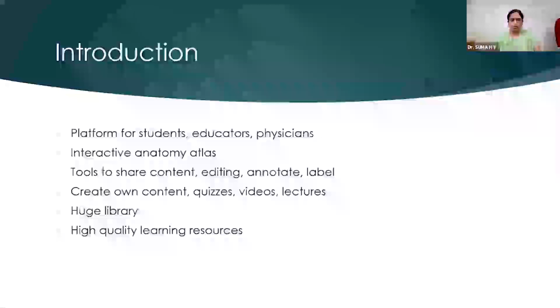They have a huge library of about 14,000 structures, and I have gone through them and they're very excellent. About 4,000 high quality learning resources have been added to the software, and every few months they keep updating. For example, recently they have updated some models on the cochlea as well as the retina models, microscopic anatomy as well as radiology.